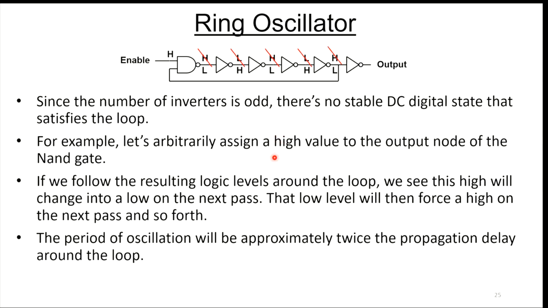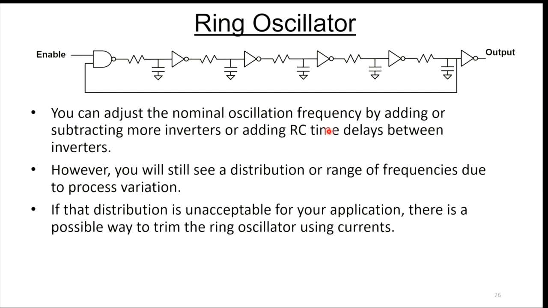So the period of oscillation is basically going to be twice the propagation delay around this loop. Very, very common oscillator, the ring oscillator. You just need an odd number of inverters to make this work. Now, you can adjust the oscillation frequency by adding or subtracting inverters, or you could add some RC time constants in here to make the delay a little bit longer from one inverter to the next.